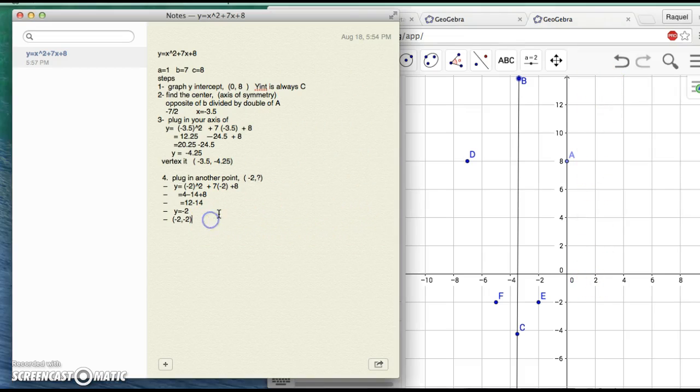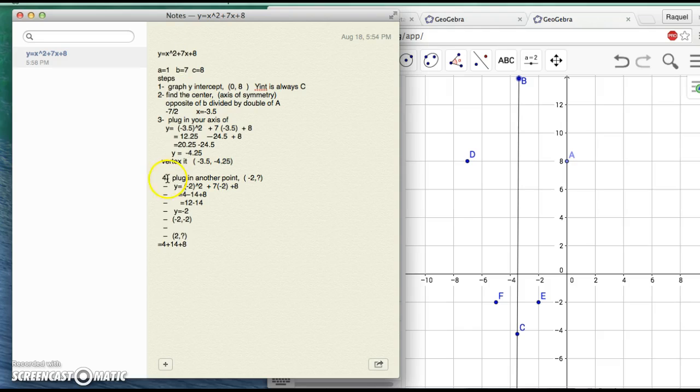All right, just for fun, we could do another one. Let's plug in 2. So we're going to put 2, comma, question mark. We don't know. And if you plug in 2, let's do this in our head. 2 squared is 4. And then 2 times that, 14. See how everything's going to be positive, and then plus 8.